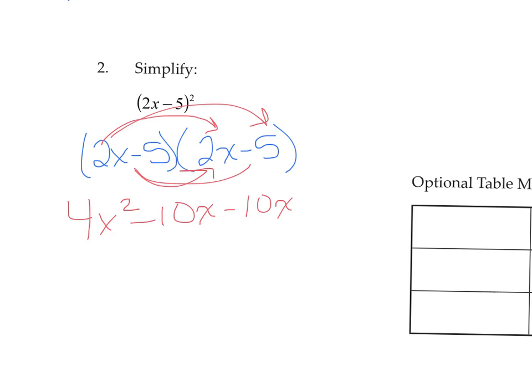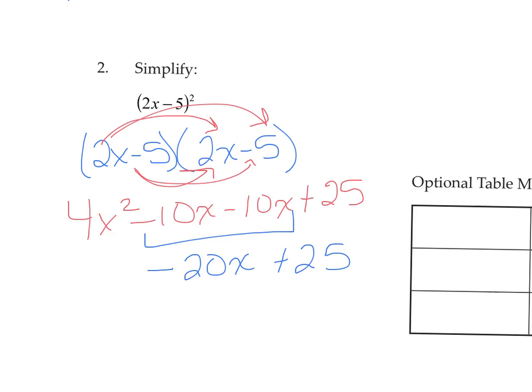Negative 5 times negative 5 is positive 25. Negative times negative, so be careful of your signs. Combine like terms. Negative 10x and negative 10x make negative 20x. We have a plus 25 back here. We have a 4x squared at the front. So 4x squared minus 20x plus 25.